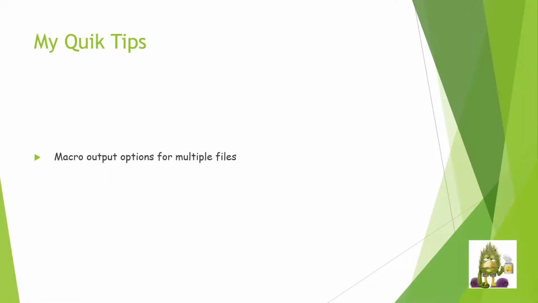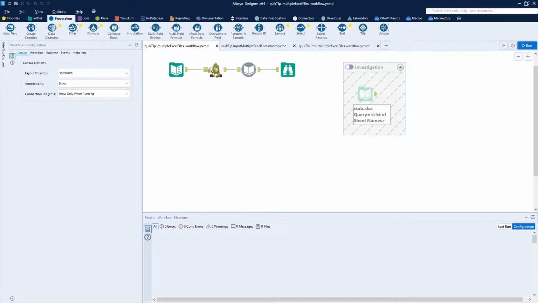So we need to move a little workflow into a macro because our structure is not the same for all the files and tabs, in this case spreadsheets, that we want to read. Simply put, we need to put a macro right here rather than this dynamic input.